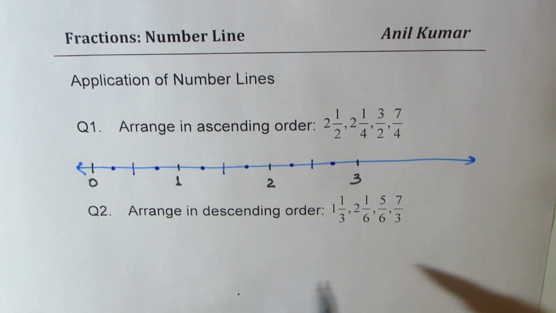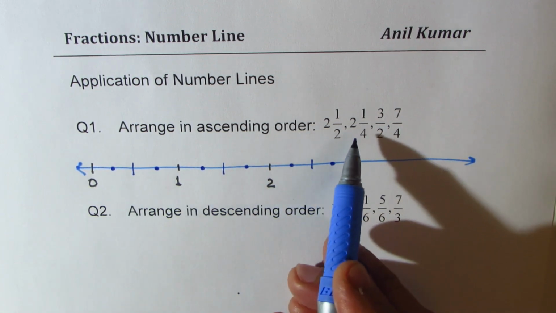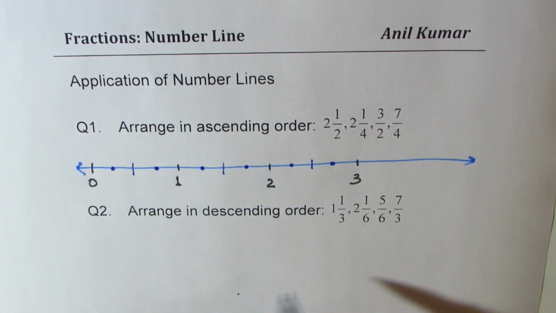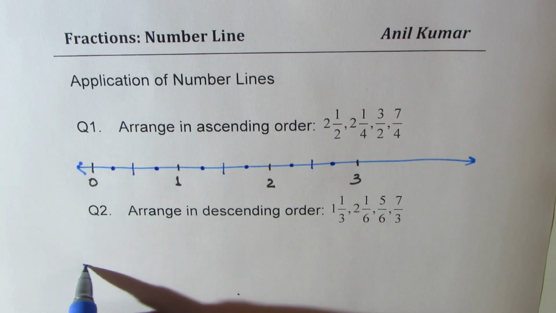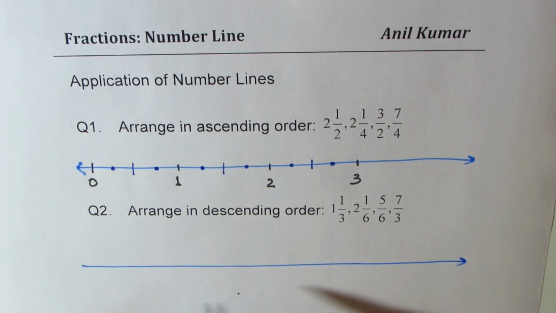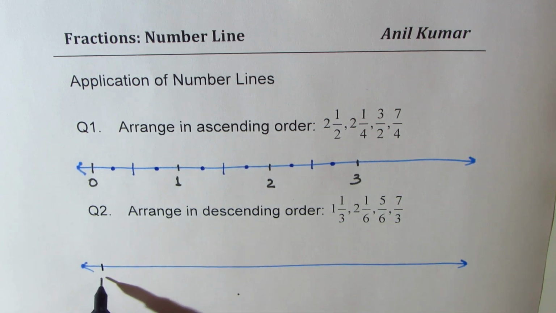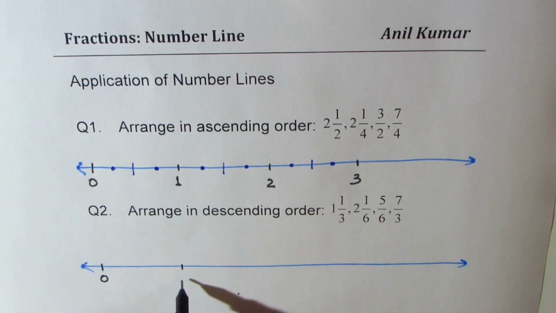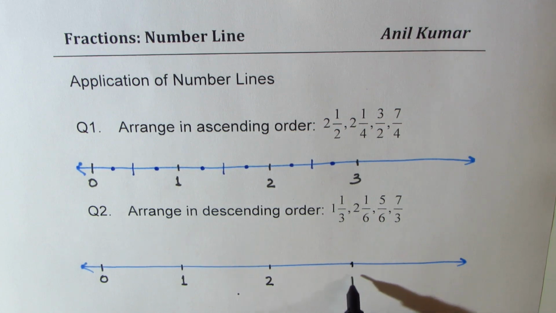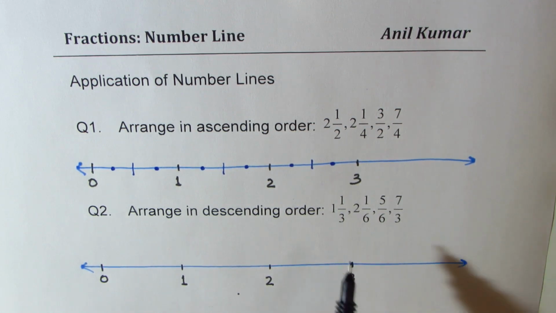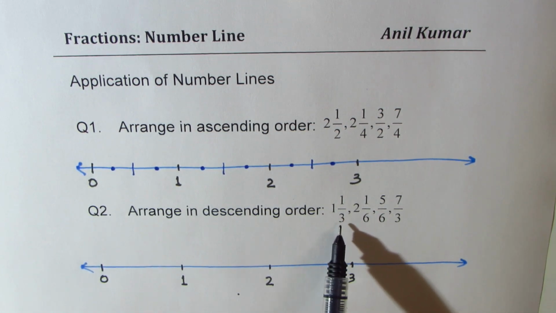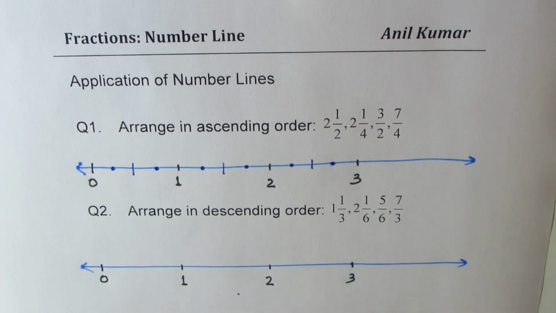For the next line, now I'd like you to place the numbers in a range, right? For question number 2, as you can see, the numbers are with denominator of 3 and 6. So this time, I'll prefer to divide in 1/3 and 1/6, correct? So we'll again take 3 units. However, this time we are dividing them into 1/3 and 1/6.